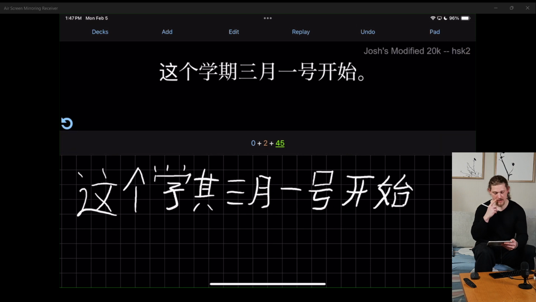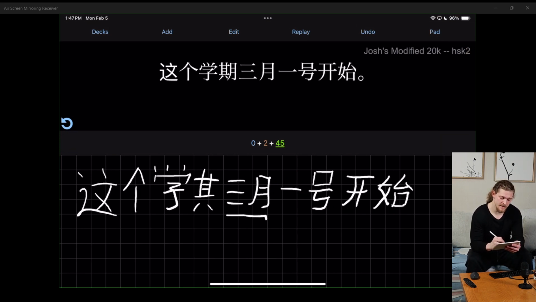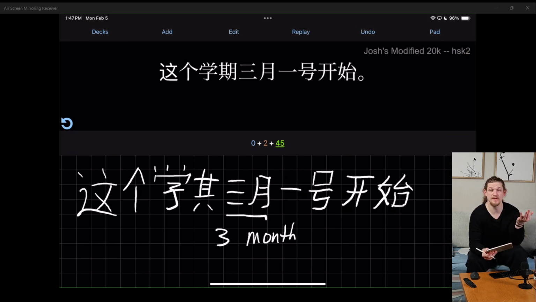Now you could say this a couple of different ways. You could say this 3月1号开始, or you could also say 3月1日开始. So this 3月, 3 is 3, 月 is month. So whenever you say it in this way, 3月 means the third month of the year.